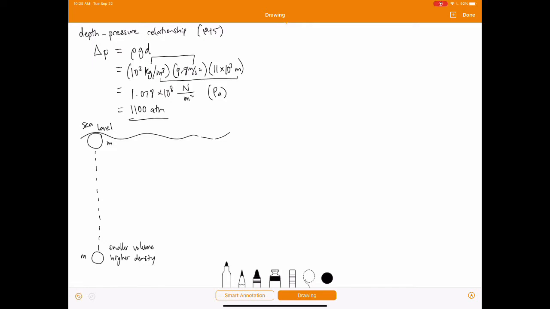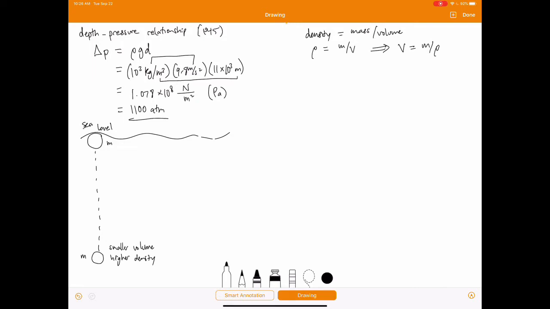Okay, so remember that density is equal to mass over volume. And so that means symbolically we have rho is equal to m over v, which means the volume can be expressed as mass over density.